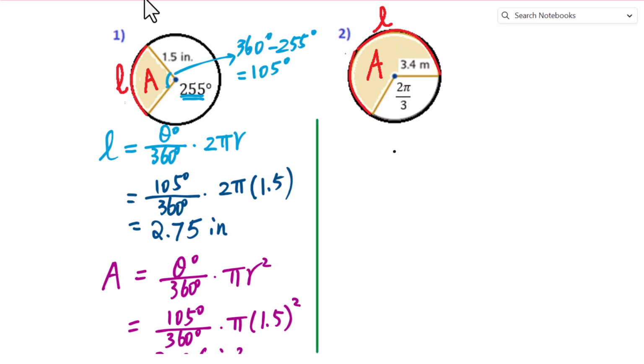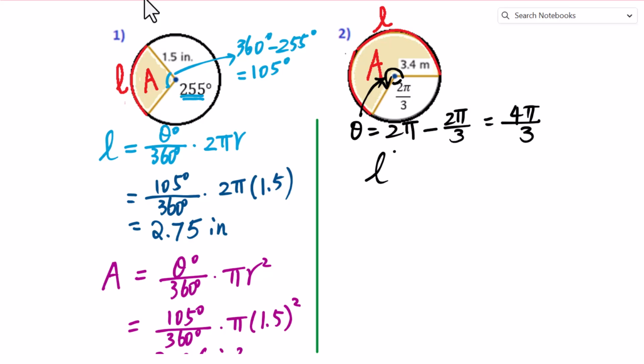First of all, let's check the central angle. We got this angle is 2 pi over 3 in radians. Then this central angle theta equals 2 pi minus 2 pi over 3, which is 4 pi over 3.